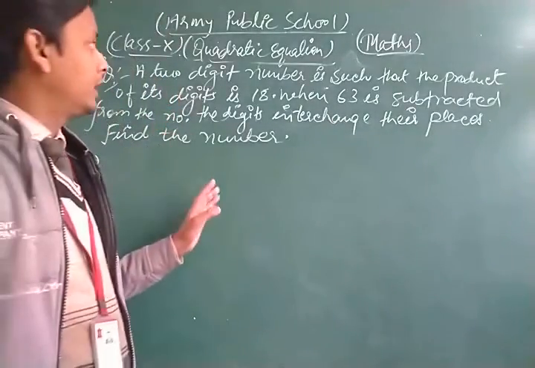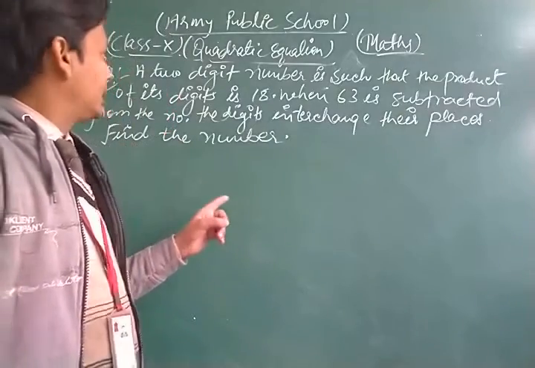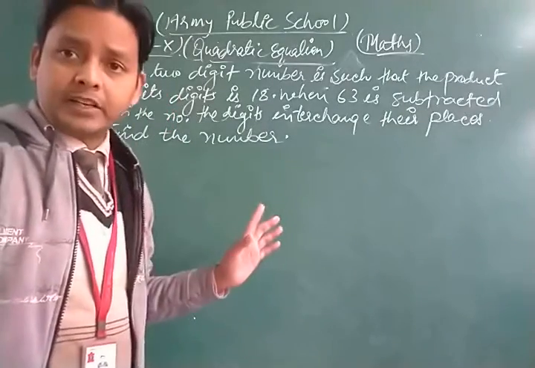Okay, so first of all, a two-digit number is such that the product of its digits is 18.